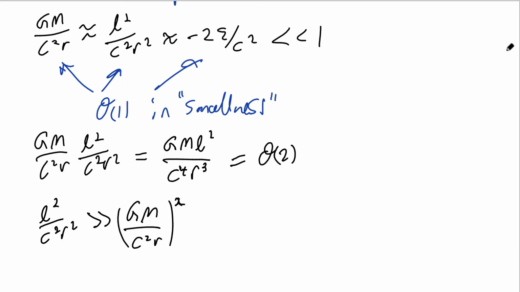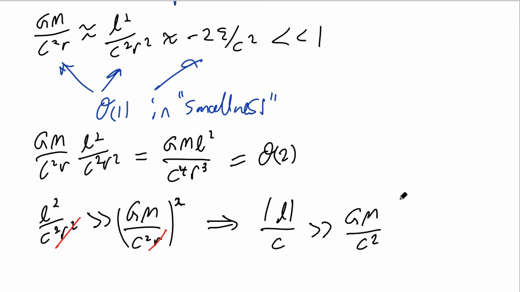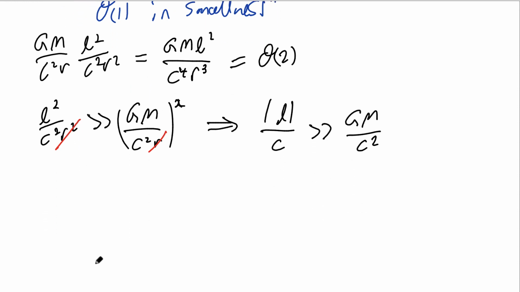Now notice the r's cancel in this equation, and we can take the square root of both sides, and that tells us that the absolute value of L over c is much larger than Gm over c squared. Let me summarize these results.